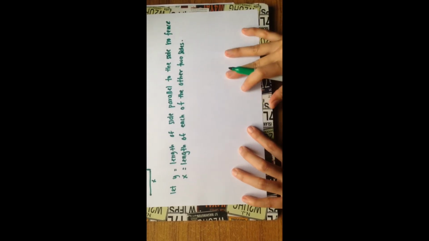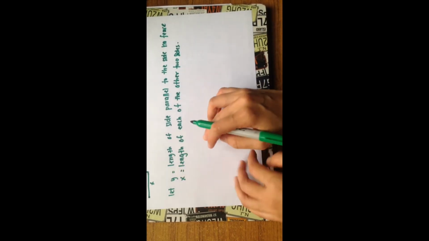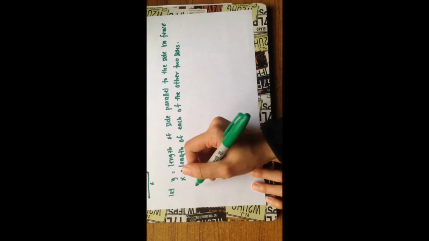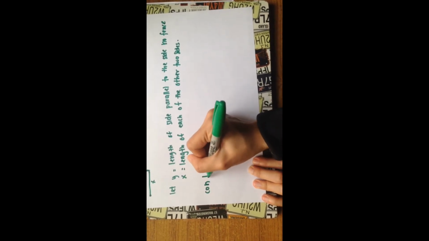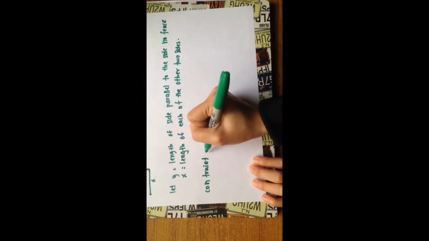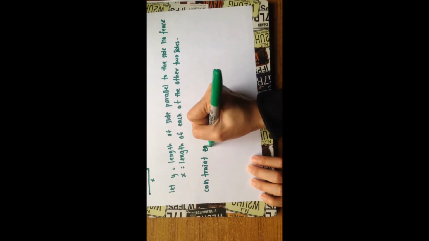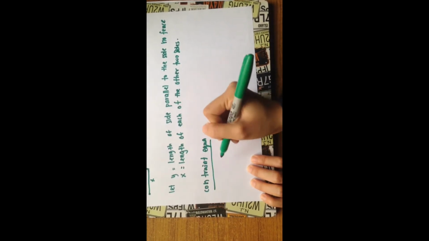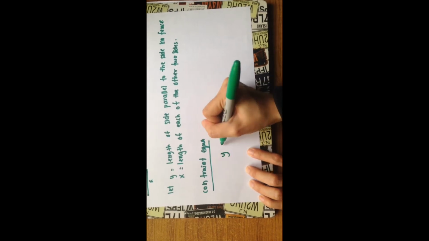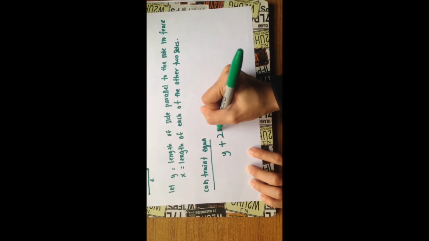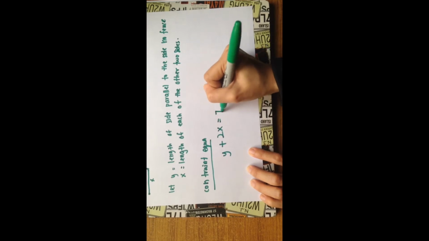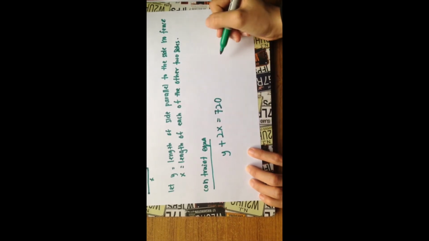From here we can see the constraint equation. The constraint equation we get is y plus 2x equals 720.